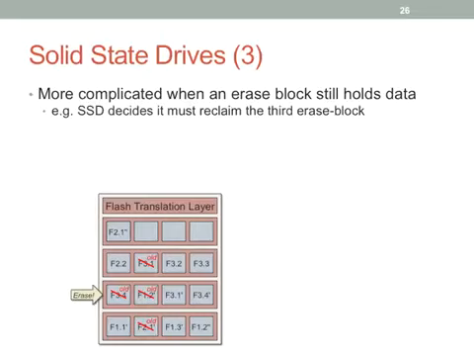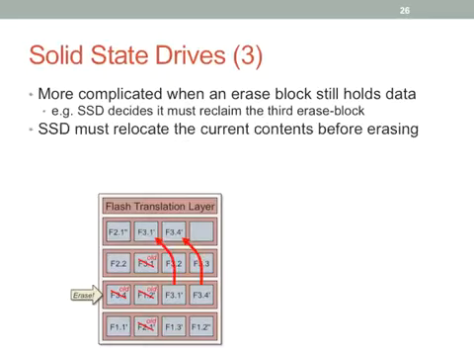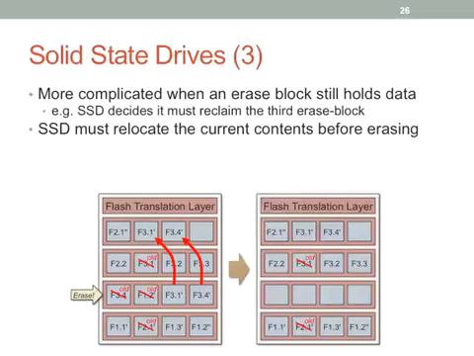So what can it do? Just relocate those things, right? We can copy those things out, and then we can go ahead and erase that block. Again, the flash translation layer is updated to say, hey, this is where these things are stored. I had to move them so I could get the erase block back. And so you can see that before we had 3 cells available, and then we relocated these things, and now we have 5 cells available.